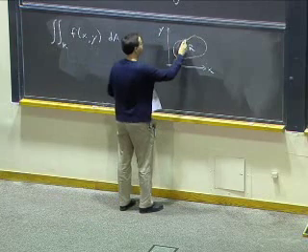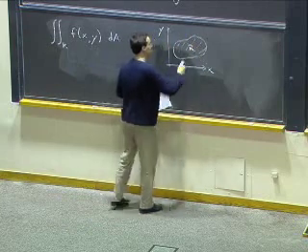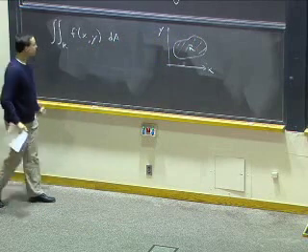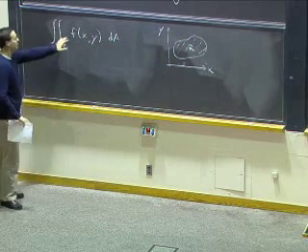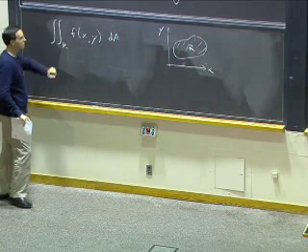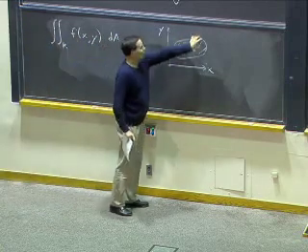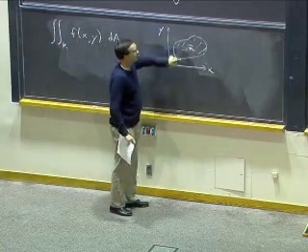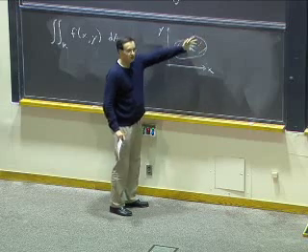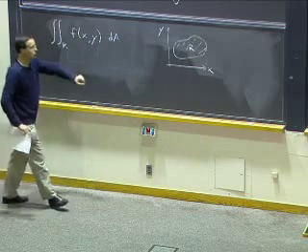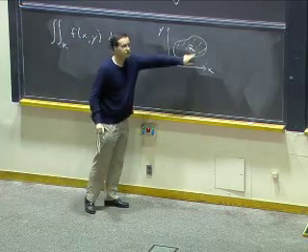Okay, so when we have a region in the xy plane, and we have a function of x and y, we are defining the double integral of f over this region by taking basically the sum of the values of the function everywhere in here times the area element. And the definition actually is we split the region into lots of tiny little pieces.